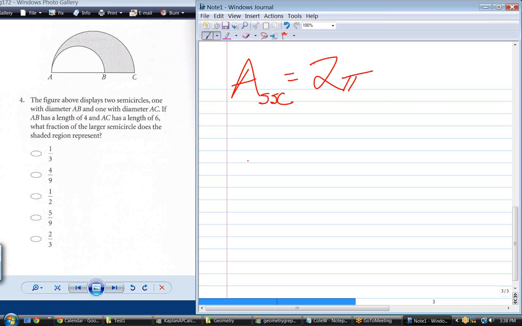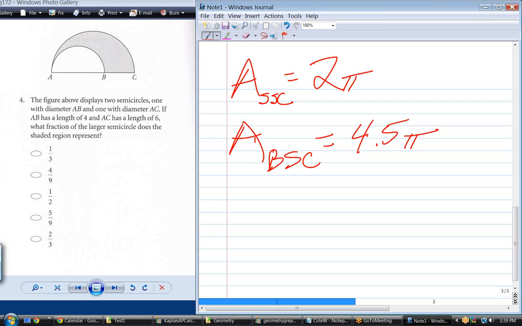What's the area of the big semicircle? The area is 4.5 pi. Good. Now, shaded region problems are always what kind of problems?